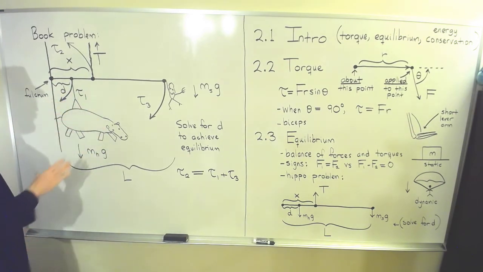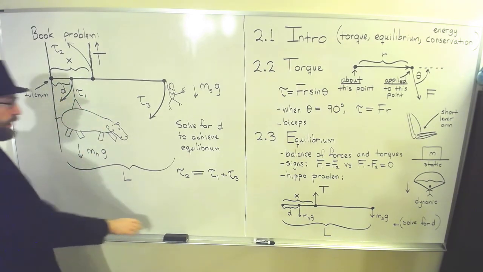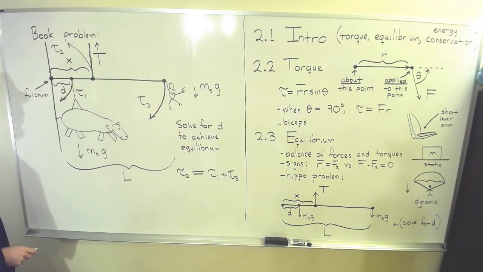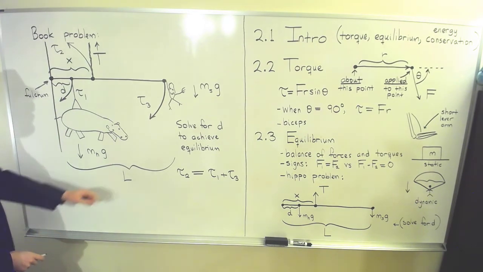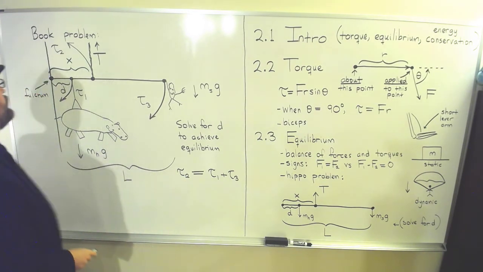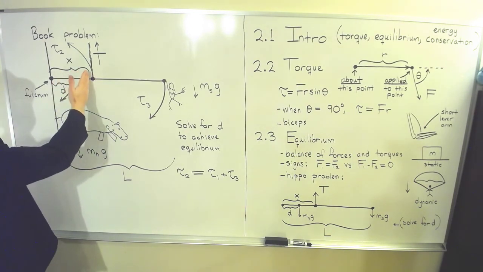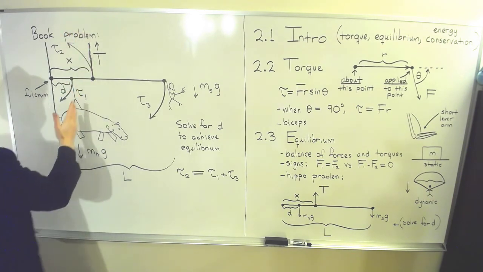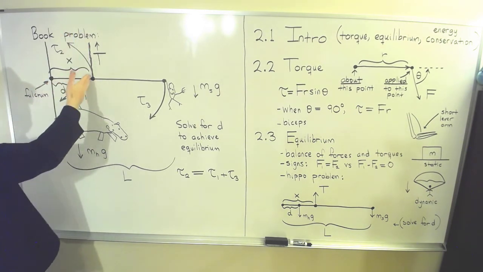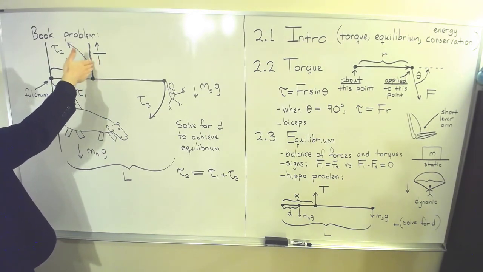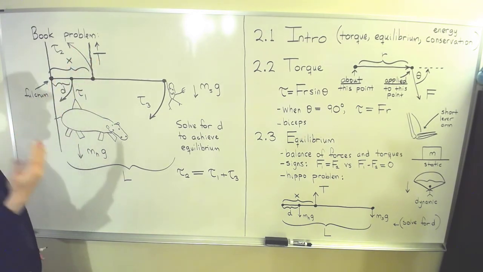Now I'm going to erase, well, I don't know, maybe I have room to work it out down here without erasing this here, so I'll try to do that. Okay, so to begin with, what's T2, since this is over here on the left-hand side of the equation? Well, the rope is pulling up vertically on the board, and so that says that the angle at which this torque is applied is 90 degrees.